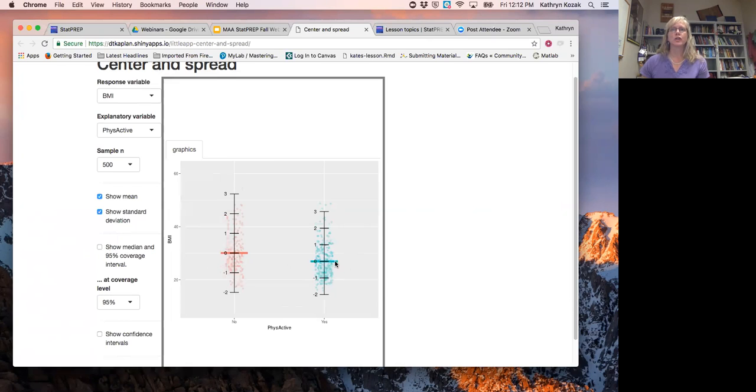So we can start looking at how that interacts and what that looks like. That gives us some information of where that all fits together.